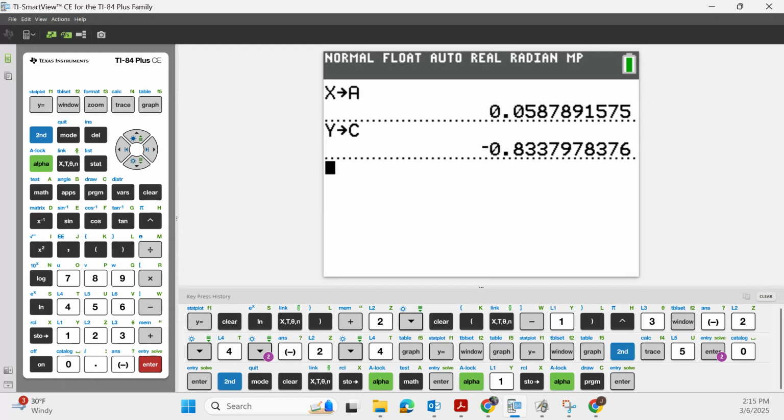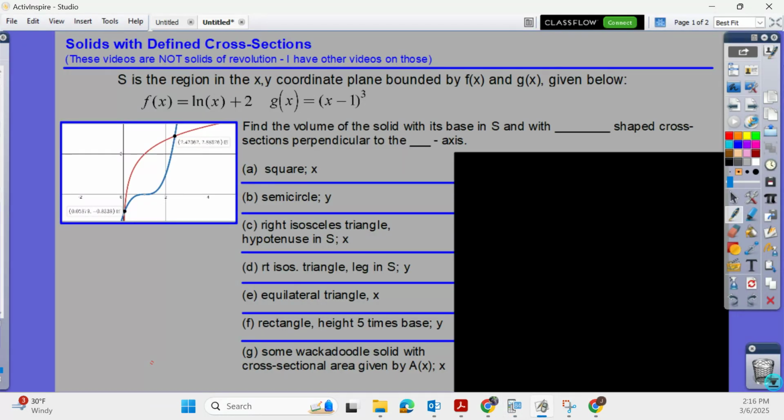So I have the first intersection point stored as a comma c, and I would write that on my work too. I would say you actually want to show that you're setting them equal. So you want to say f of x equals g of x at x equals a, which is approximately 0.059, and at x equals b, which is, and I don't have that one yet.